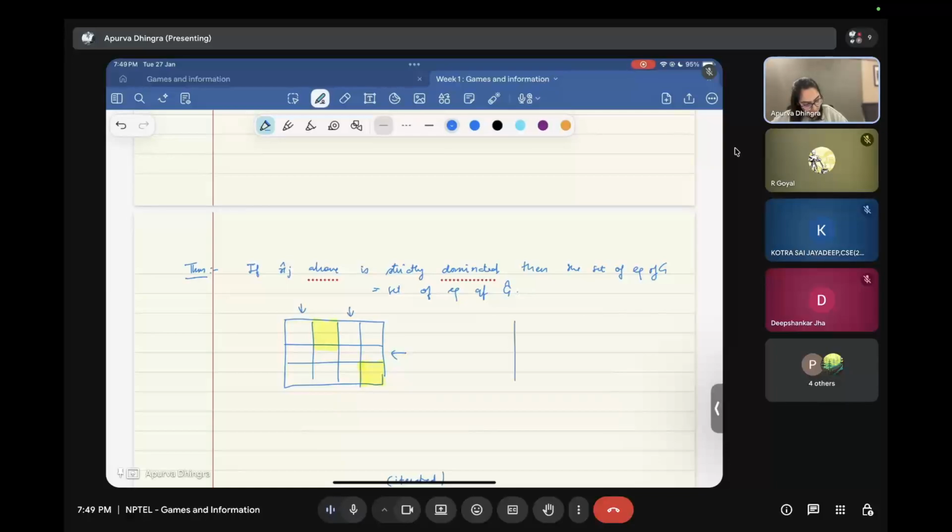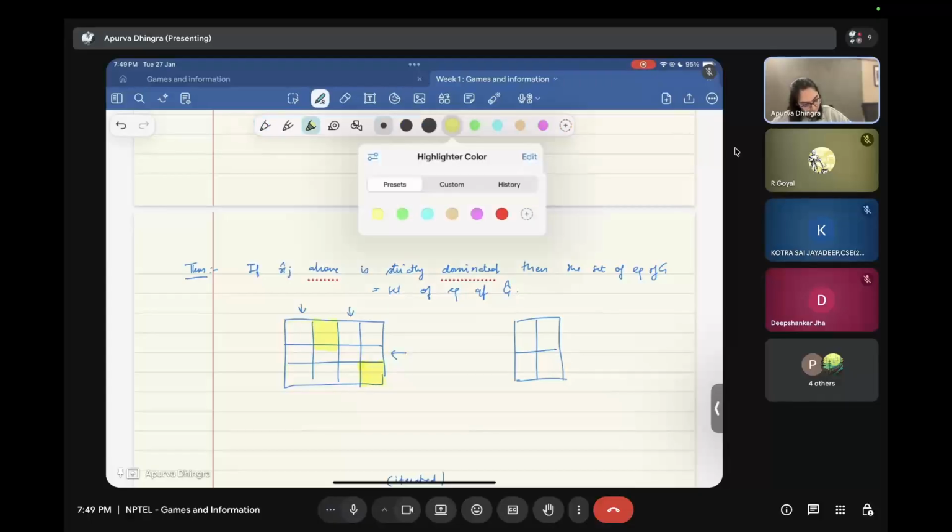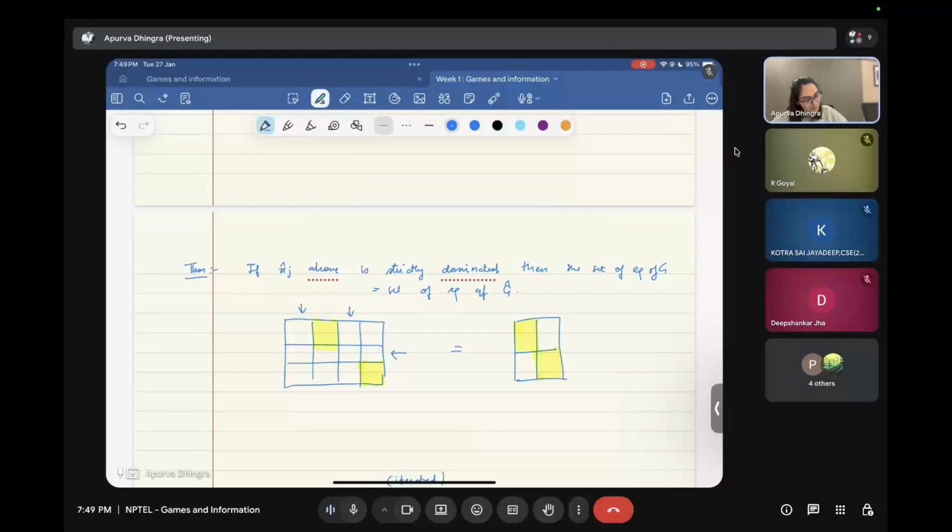So what we would be left with would be, right after eliminating the ones that I've pointed at. In that sense, the set of equilibria is equal in both of them. So nothing got destroyed, nothing got created if we are using the process of elimination of strictly dominated strategies.